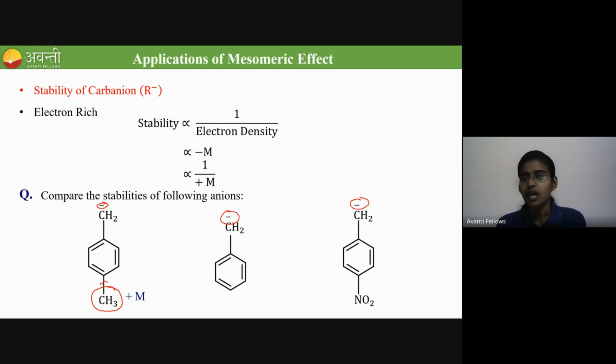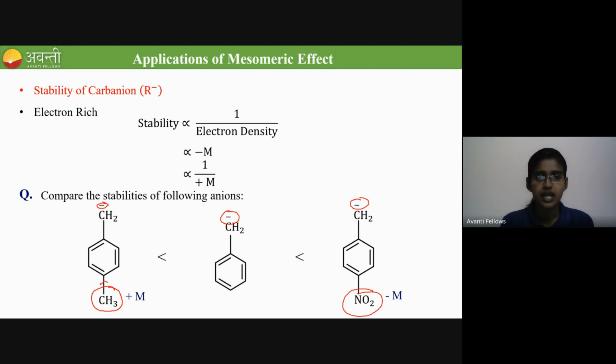Okay. And in the second compound, we don't have any group. We don't have a plus or minus R group. And coming to the third compound, you can see a nitro group is present. Nitro group is a minus M group. So what happens here? The stability of the compound which has a minus M group is more.